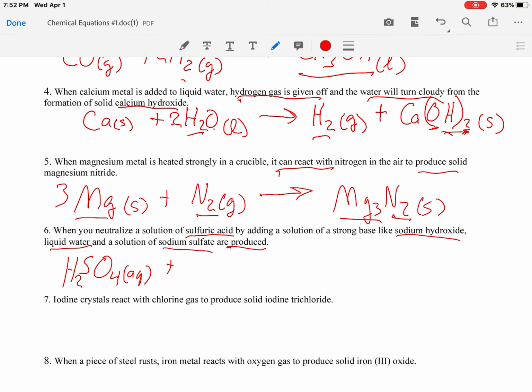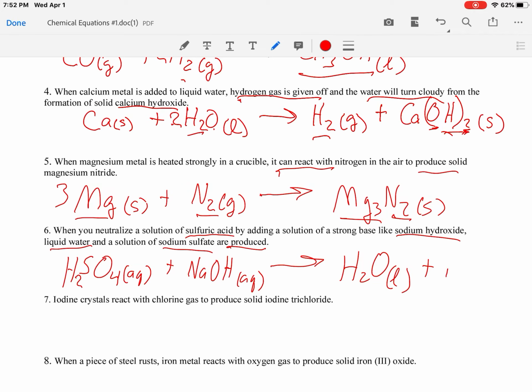And that is reacting with sodium hydroxide, sodium +1 in the first column, hydroxide -1, polyatomic ion, and it is a solution as well. And what is being produced is liquid water, and a solution of sodium sulfate.